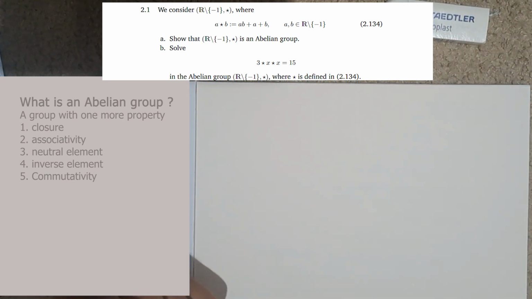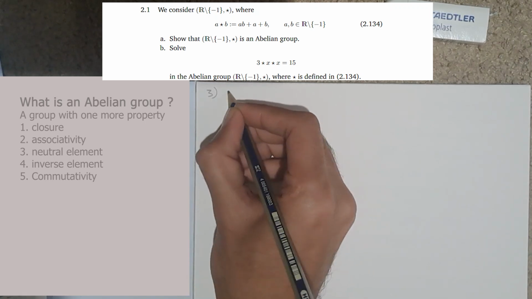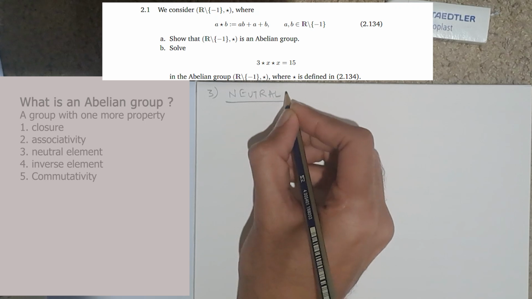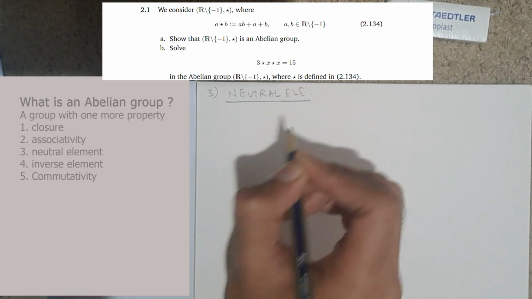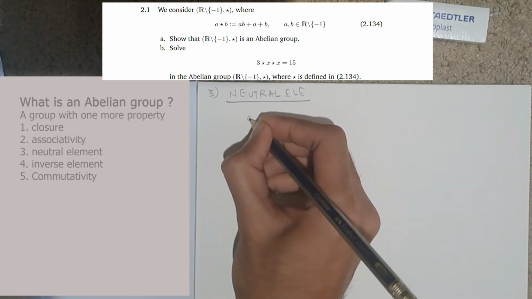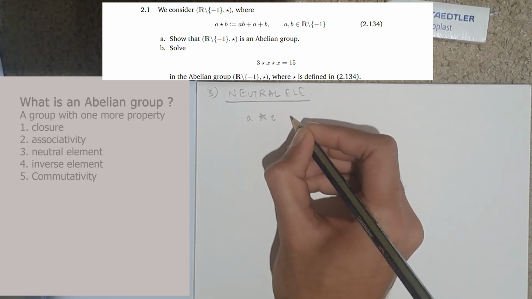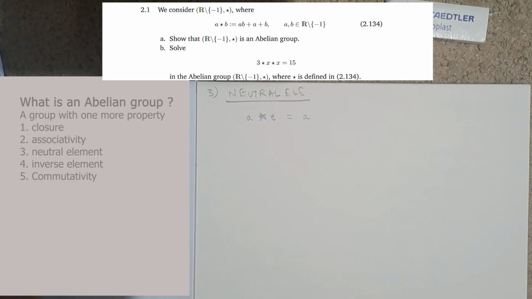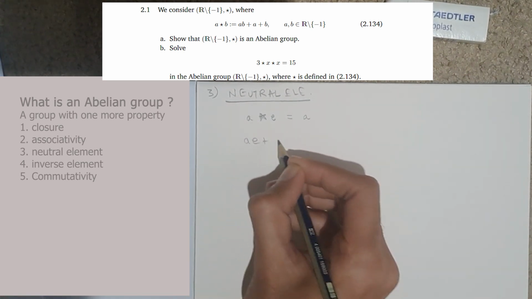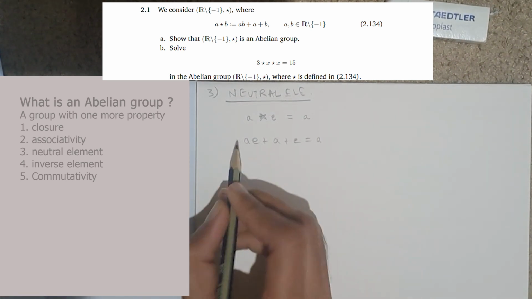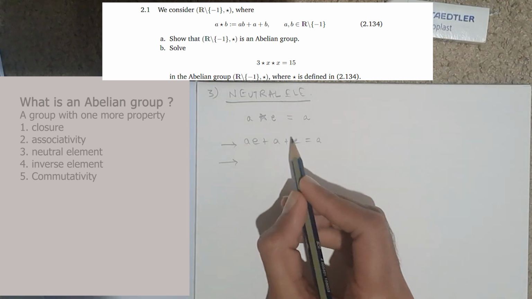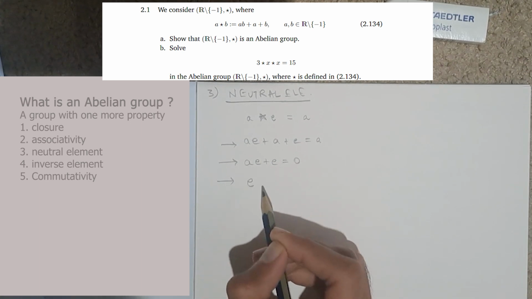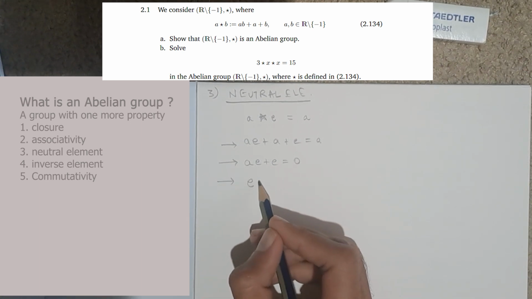Now let's go for the third thing, neutral element. Right, so neutral element is finding something like E, which exists in the set, which just gives us A. So in this case, that must be something that looks like this. We just need to solve this. Let's solve this. So AE plus A plus E is equal to A, so AE plus E is equal to 0. E can be taken common.